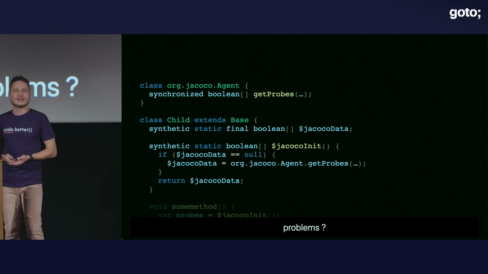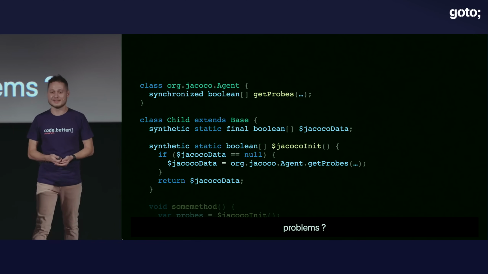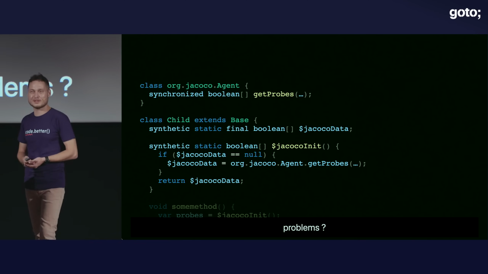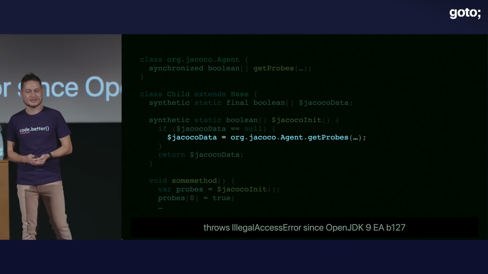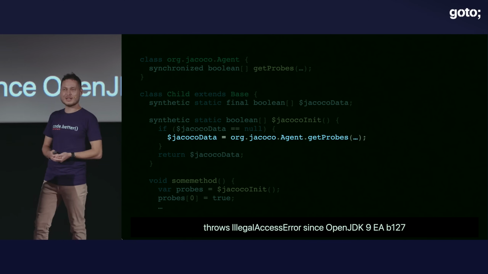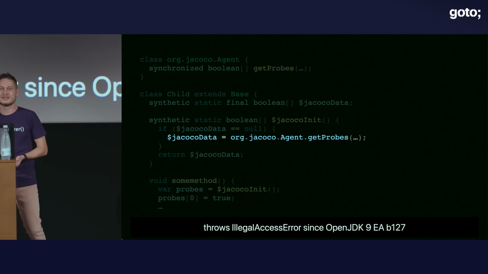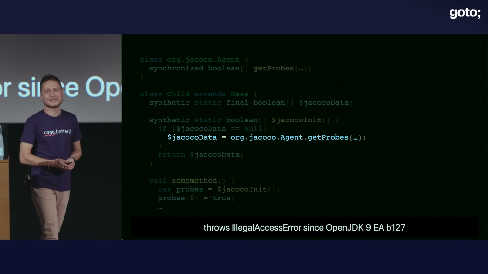Exactly. Thank you very much. I haven't seen who said that, but we have a static final field, and we write to it. You can write to static final field only from static initializer. But here we have another method that writes to it.